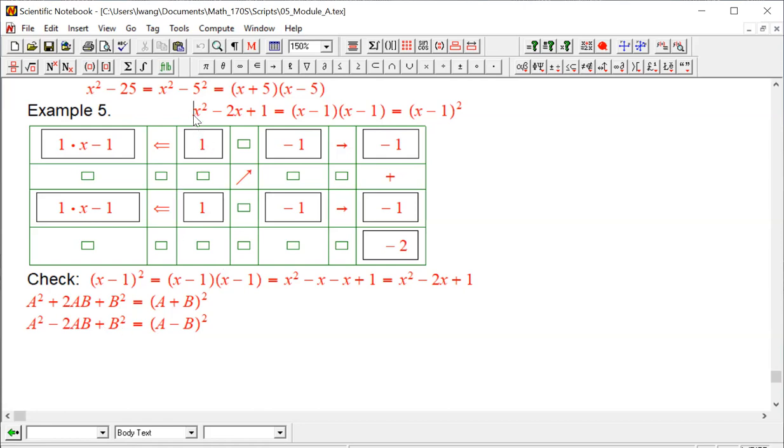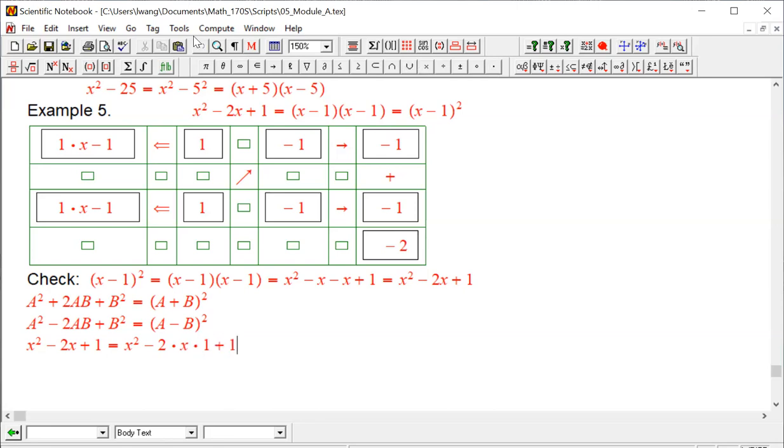So alternatively, you could have used a special formula if you recognize it. But if you don't recognize it, you can still use this technique to factor, right? So in this case, you can see a is x, right? So a is x, 2b is 2, so b must be 1. So you get a form which is x squared minus 2 times x times 1, right?